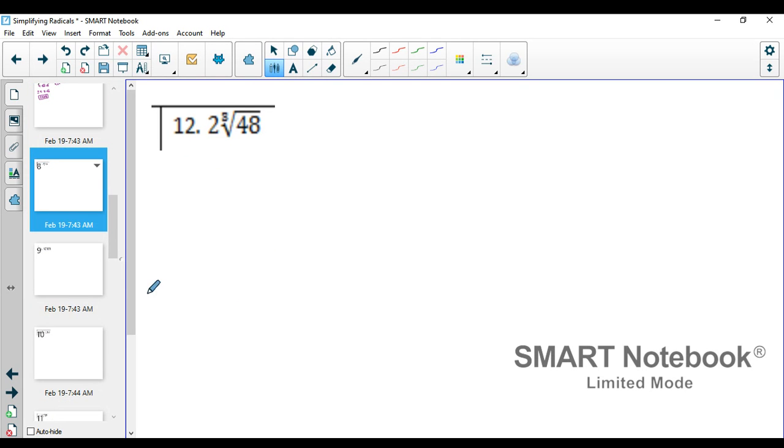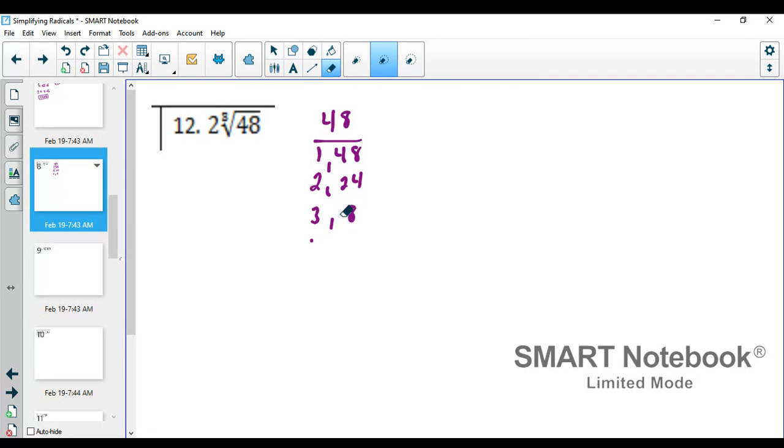All right, so for number 12, we have 2 times the cube root of 48. All right, I'm going to write out the factors of 48. And this time it changes because instead of square root, it is cube roots. So that changes the answers. All right, so here are all the factors of 48. So instead of picking the largest one that has a square root, we're focusing on the one that has a cube root.